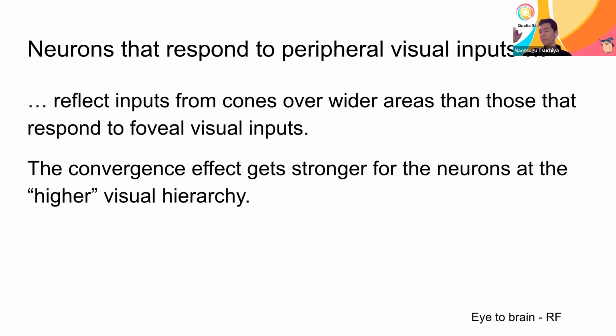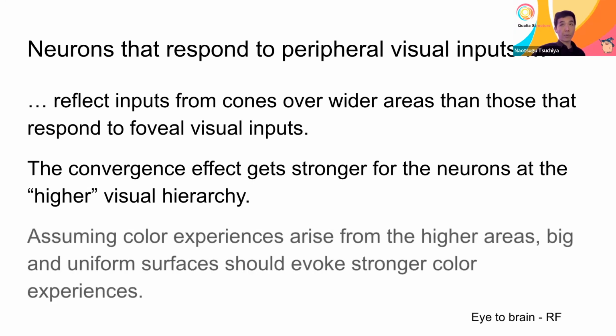V1 has such a property, and V1 is even superseded by other neurons in the higher visual areas that I'm going to talk about in a couple of minutes. And assuming that color experiences arise from the higher areas, a big and uniform surface should evoke stronger color experience. That's the prediction from this type of structure of the visual field.